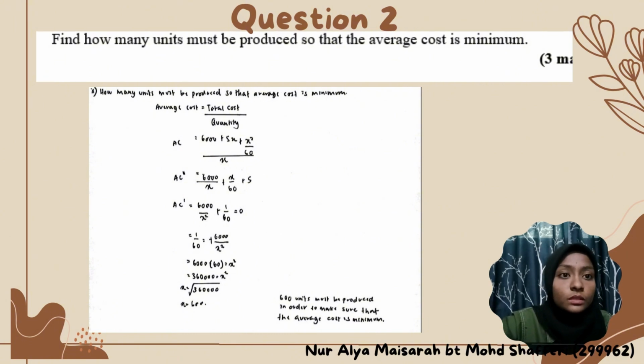And when we use the power to solve for x, we get x equal to 600. So for this question, I get the answer 600. 600 units will be produced in order to make sure that the average cost is minimum.